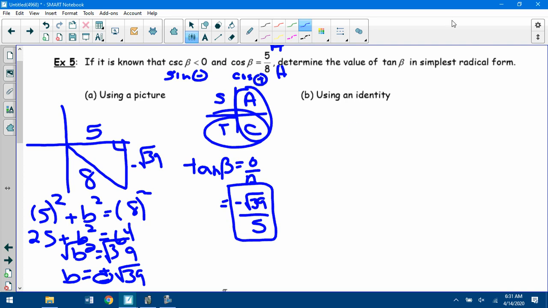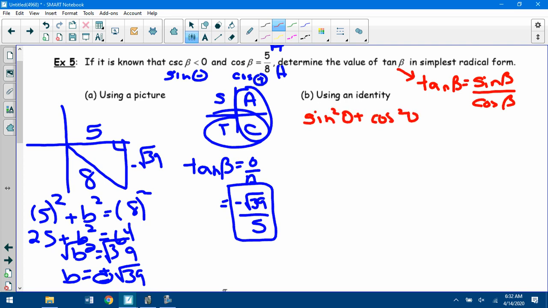Okay, now if I want tangent using an identity, what's the only identity I know involving tangent, right now at least? Well, I know tangent of beta is sine of beta over cosine of beta. And I know cosine of beta is 5/8. And if I hadn't done any of this over here, I wouldn't know sine yet. So if I'm strictly using an identity, I'm going to start by using sine squared theta plus cosine squared theta equals 1 to figure out sine.